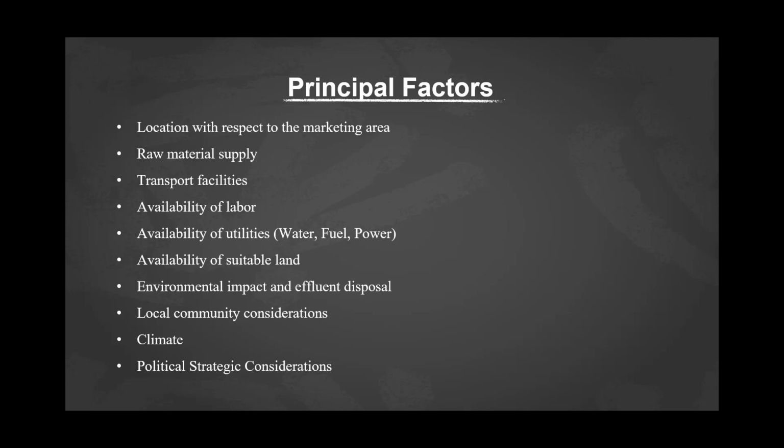Now, capital grants, tax concessions and other inducements are often given by the government to direct new investments to preferred locations such as area of high unemployment. So these were the factors that must be considered before selecting a location.